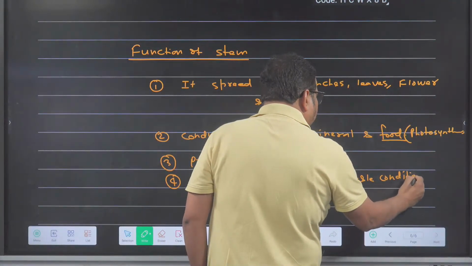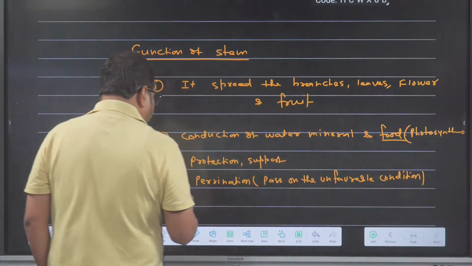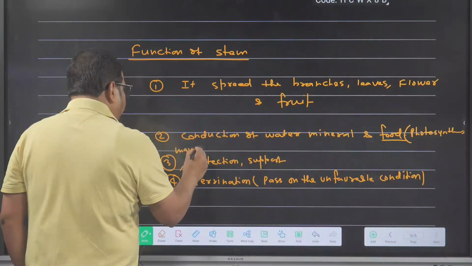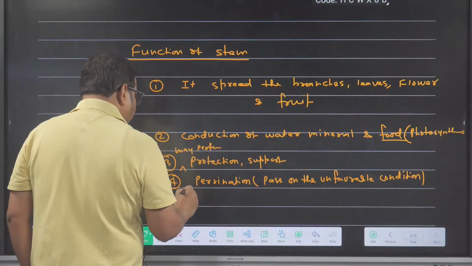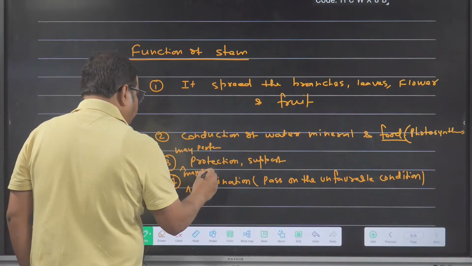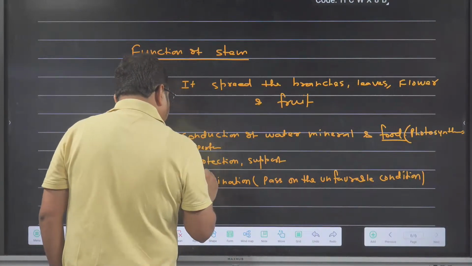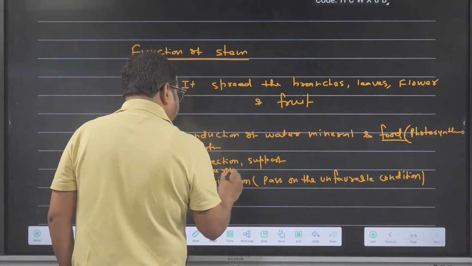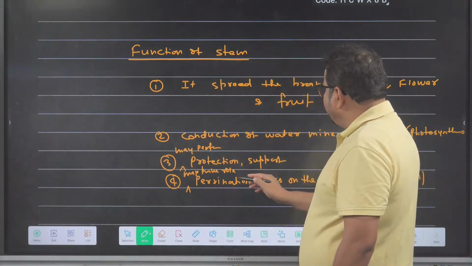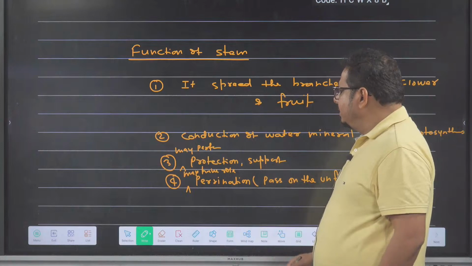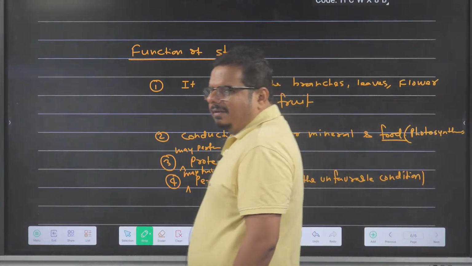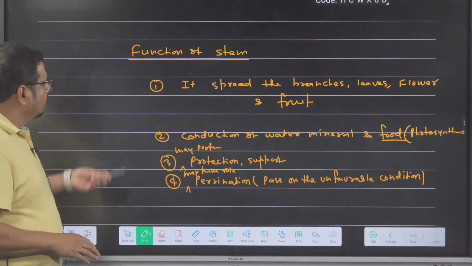It is not like all stems are doing it, so I am writing may perform protection, and may have role in perennation. Where they have role in perennation, protection and support, I will tell you. Is it clear? So these are the functions of the stem.